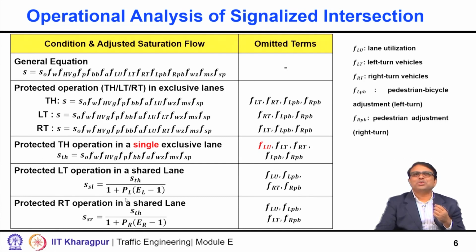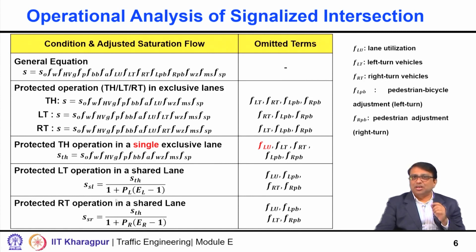One is the proportion of left turning vehicles in the overall shared lane, how much percentage of traffic is actually taking a left turn, and also the left turn vehicle equivalency factor, because those vehicles taking a left turn will not have a similar effect to the vehicles moving through. So, this is EL, the equivalency for the left turn, and the proportion of left turning vehicles. The same applies exactly for protected right turn operation, these are all protected.